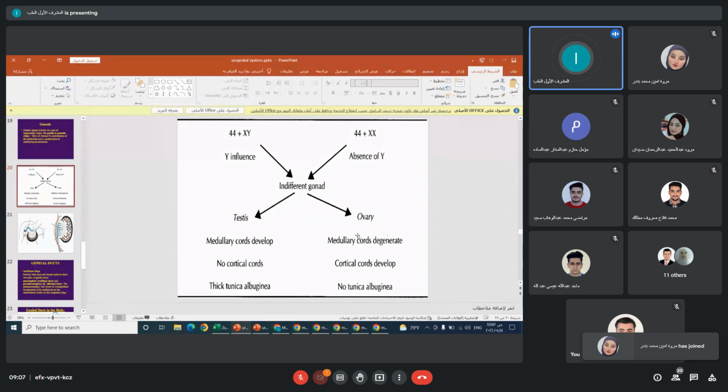Okay. The germ cells, there is no tunica albuginea because the follicle will rupture through the surface. There is no tube to transmit the ova.